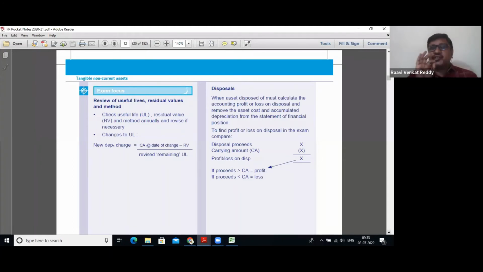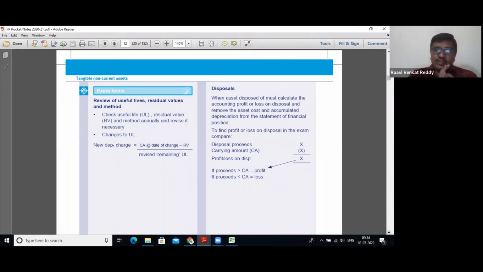So whenever an entity disposes of an asset, the first step is to compare the proceeds of the disposal with the carrying value. If the proceeds are more than the carrying value, it is profit on disposal, and if they are less, it is loss on disposal.